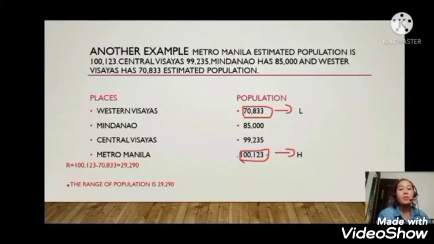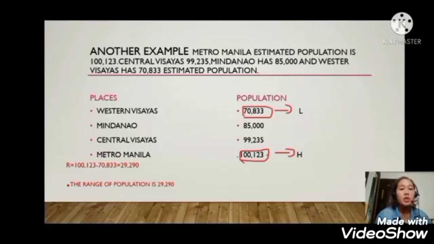So we have to evaluate it again. Places and their population: Western Visayas is 70,833, Mindanao is 85,000, Central Visayas is 99,235, and Metro Manila is 100,123.